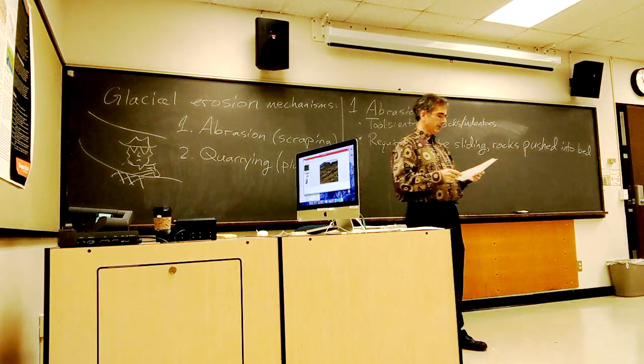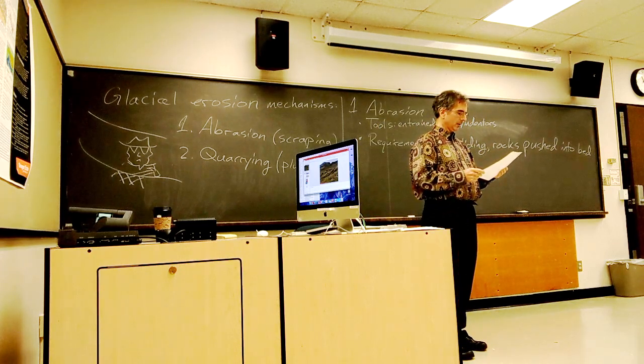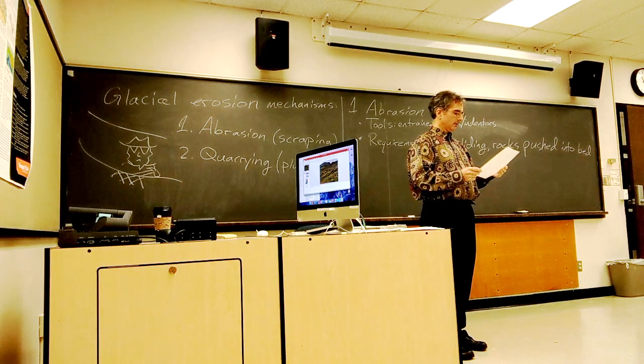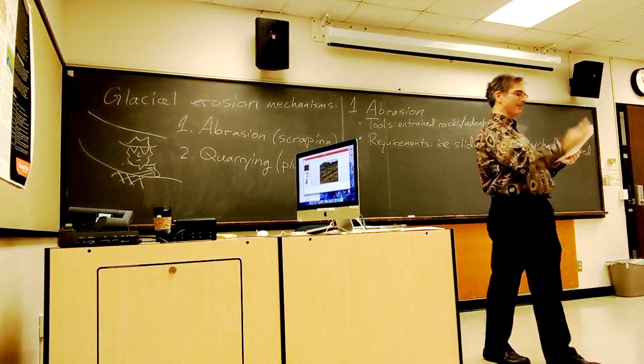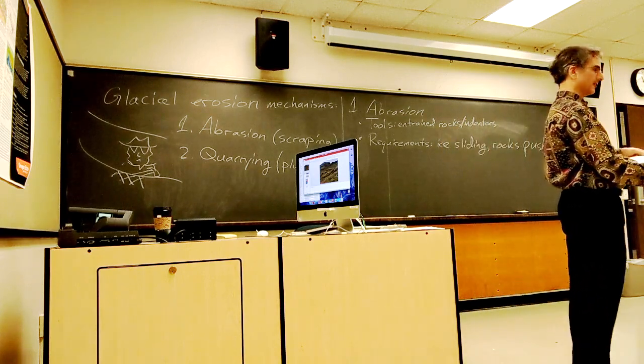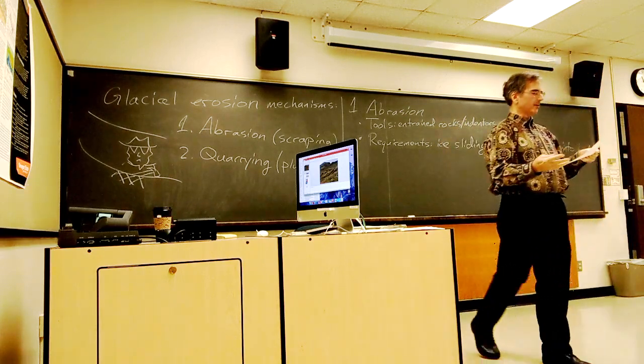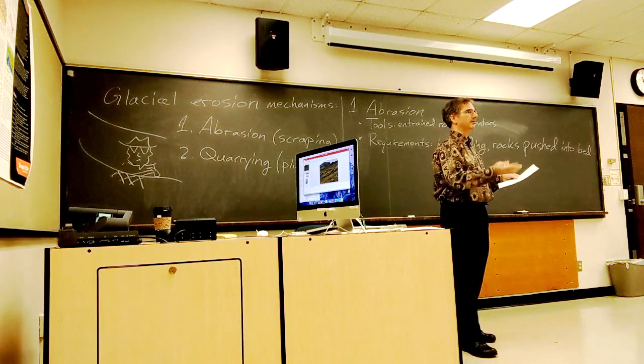I'll show you a picture. So that striated rock must somehow be ejected from the base of the glacier and do its work on the bedrock before getting reabsorbed by the ice.